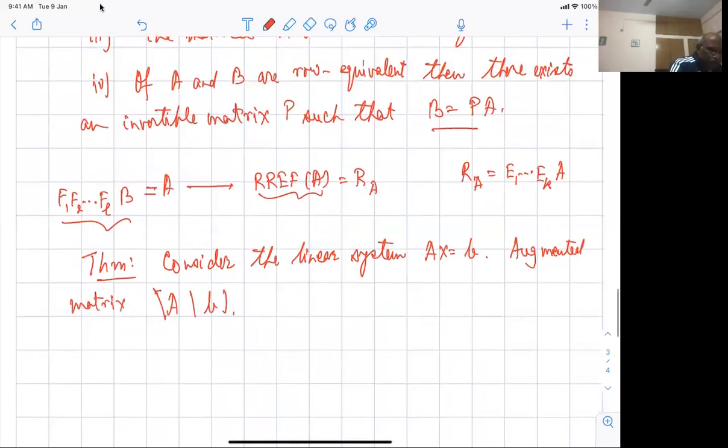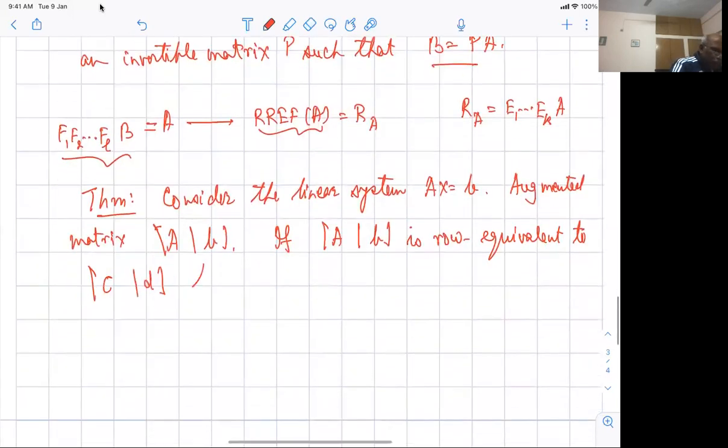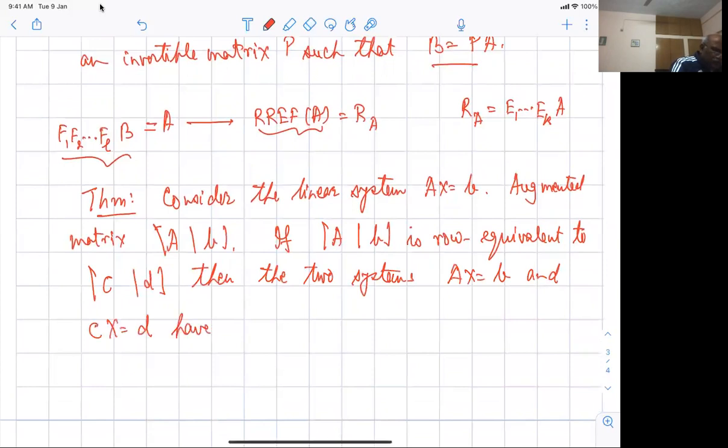This is the augmented matrix I have. Fine. So if this matrix is row equivalent to [C|D], then the two systems AX is equal to B and CX is equal to D have the same solution set.